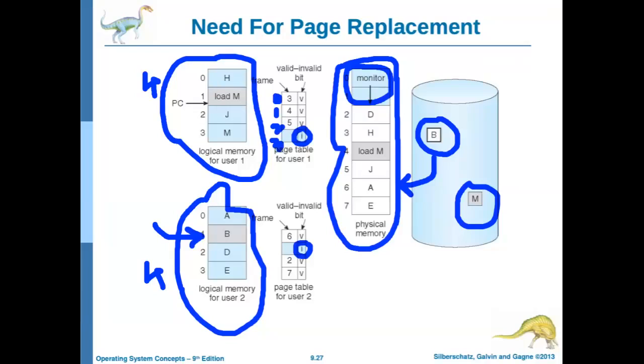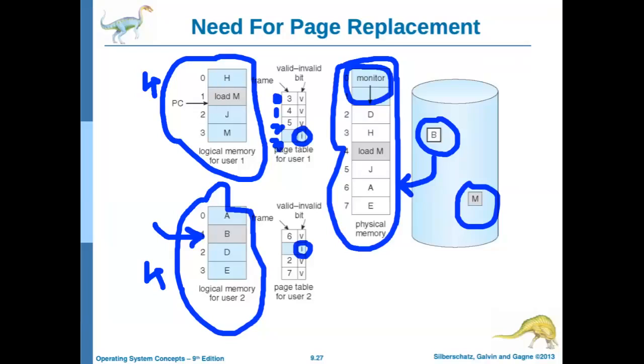But whenever it comes across a page which is not loaded, it results in a page fault, the memory management unit sends a trap, and then the operating system will try to find a free frame. If there is a free frame, no issues. But if there is no free frame, then a page replacement algorithm is required.